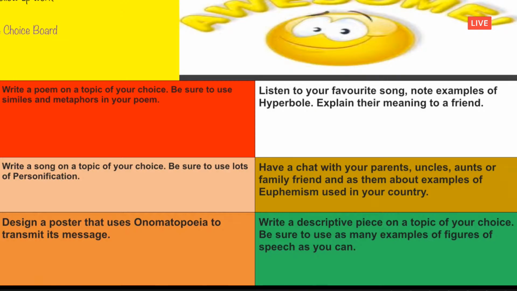So, let's say you're living where you can look out and see a cliff, or a tourist ship, or a tranquil mountain, or rolling hills. So, make that the subject of your descriptive piece and use as many figurative language as you can, and send it in to us. We'll be quite appreciative.